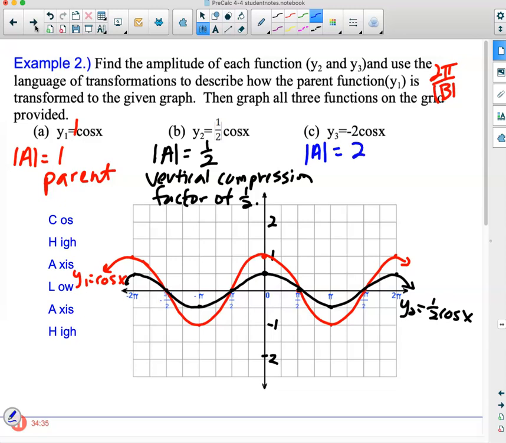What does the negative tell us we're going to have to do as far as transformations? Reflect over the x-axis again. So what's that 2 responsible for, transformation-wise? Vertical stretch factor of 2.